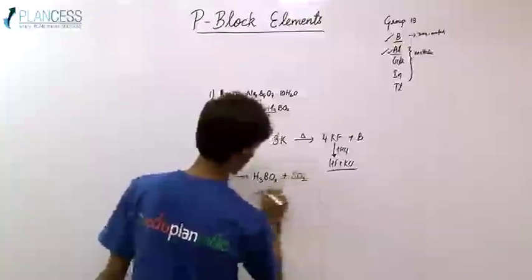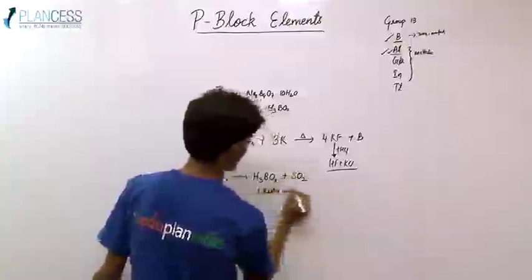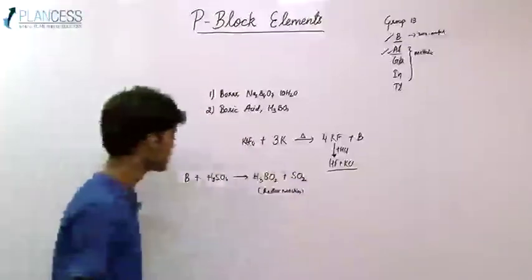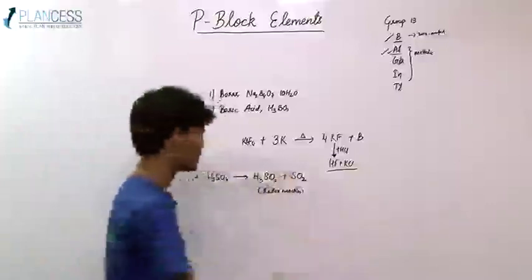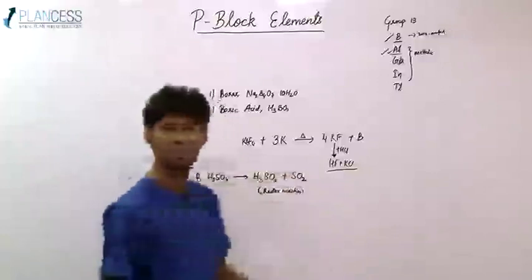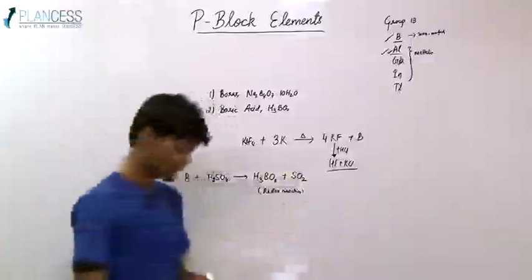You can balance it quite easily, because it is just a transfer of electrons from one compound to another. The same happens with HNO3 also: H3BO3 is formed with the elimination of NO2 gas.